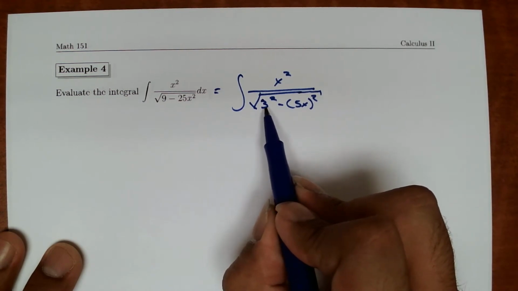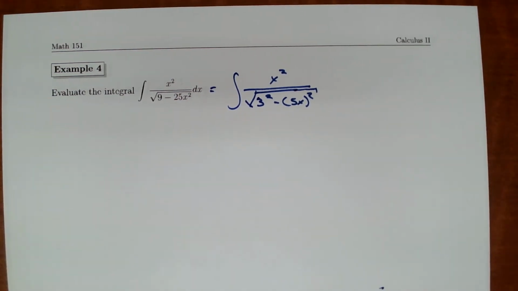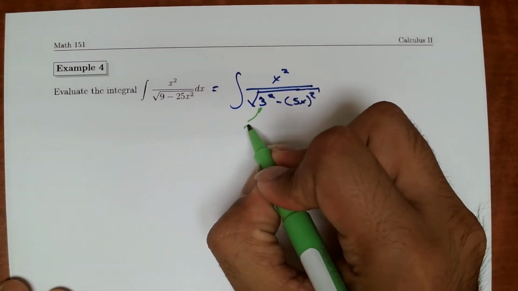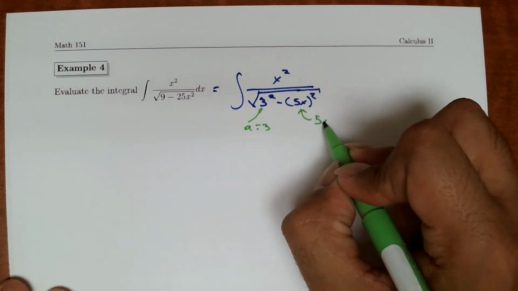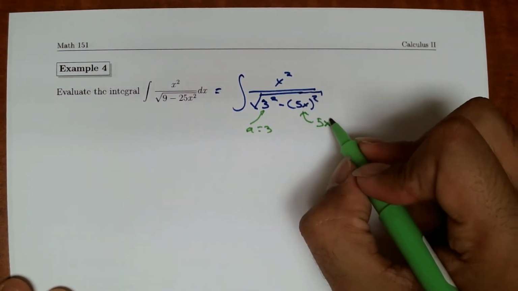So in this case a is going to be 3, but u is no longer x, it's 5x.